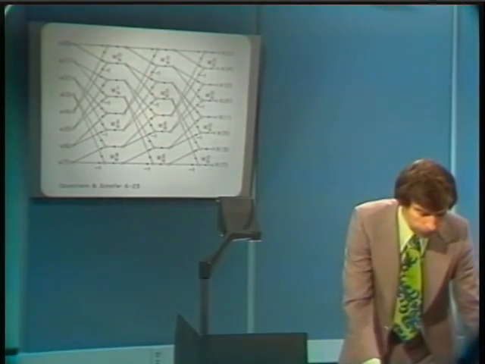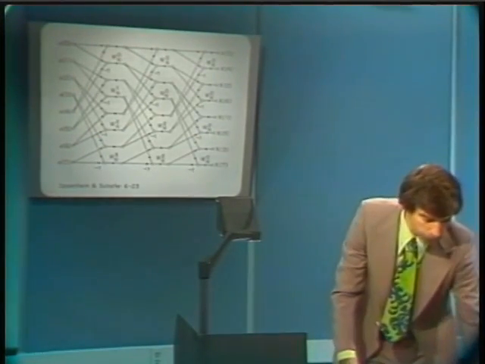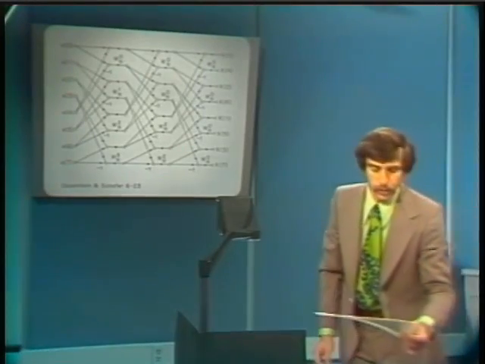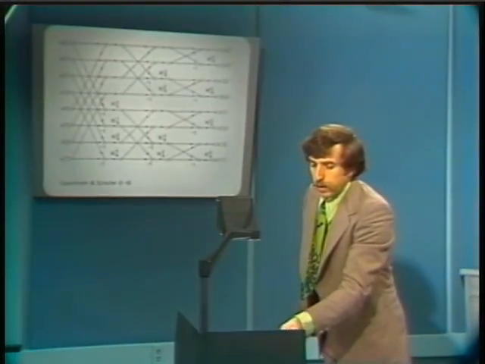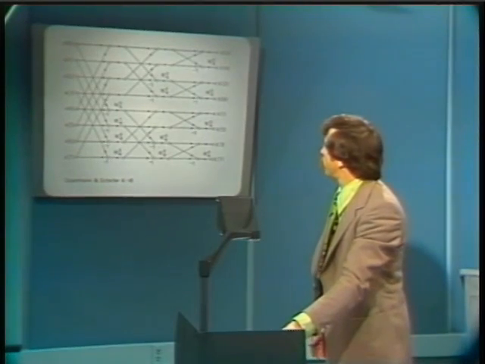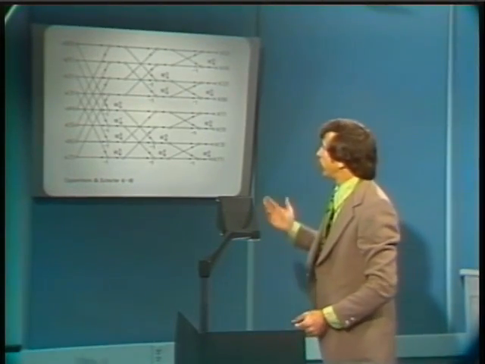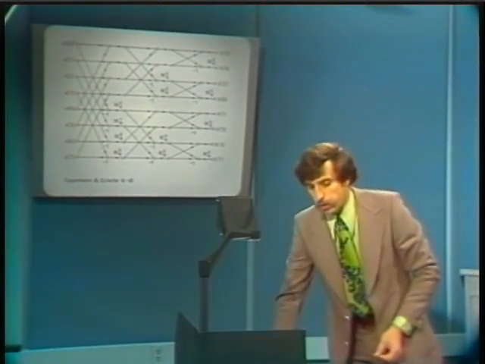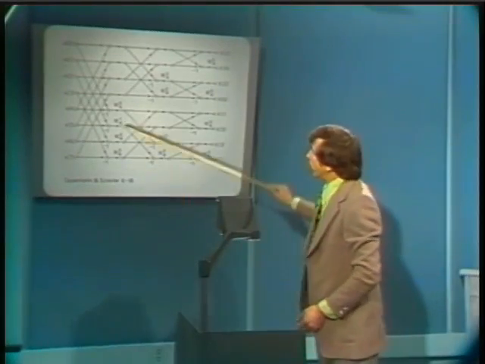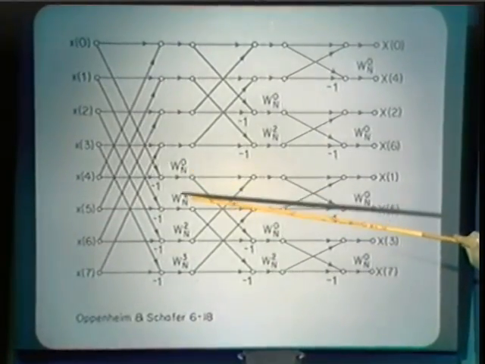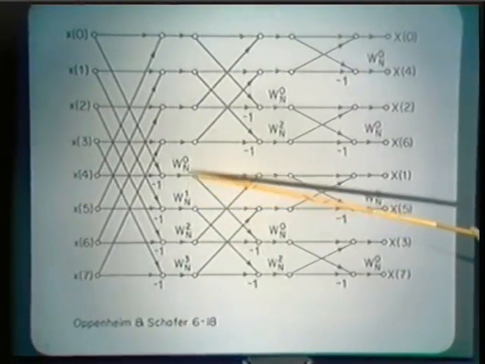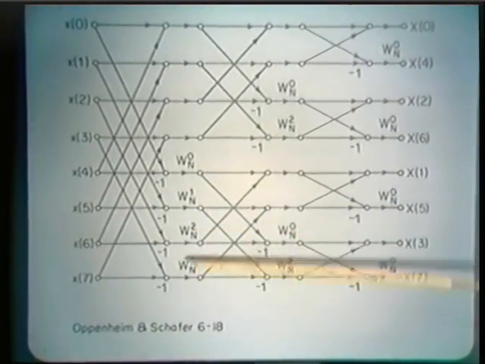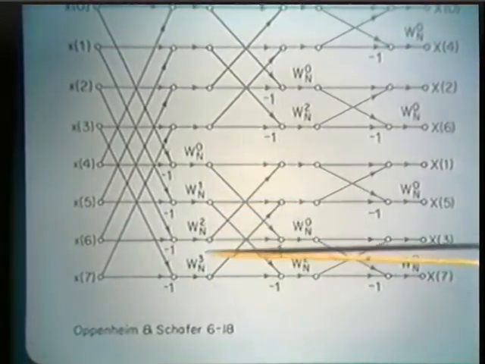For example, here is the decimation-in-frequency form of the algorithm with the input in normal order and the output in bit reversed order. Notice that the powers of W that we have here occur in what looks like normal order. At least these powers are in normal order.